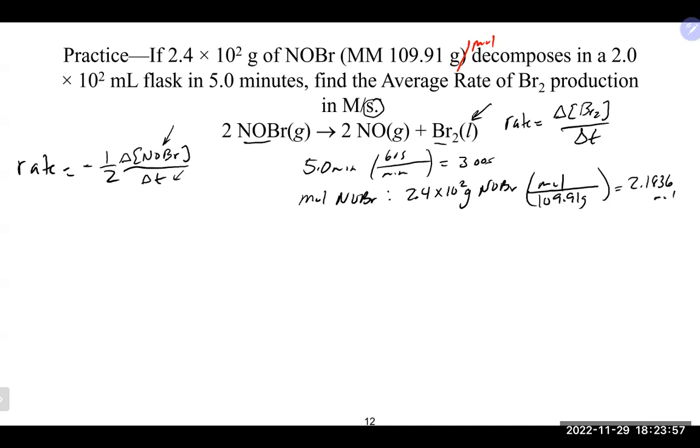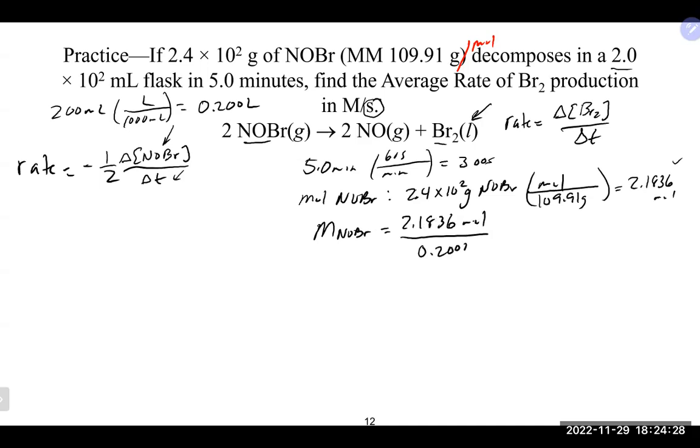We also have the volume here, which is 200 milliliters, which if we convert to liters, which is what we need for molarity, would get us 0.2 liters. So we have the volume and we have the moles. That is how we're going to get our molarity of the NOBr, which is how its concentration is changing: 2.1836 moles divided by our 0.2 liters gets us a 1092 molarity.